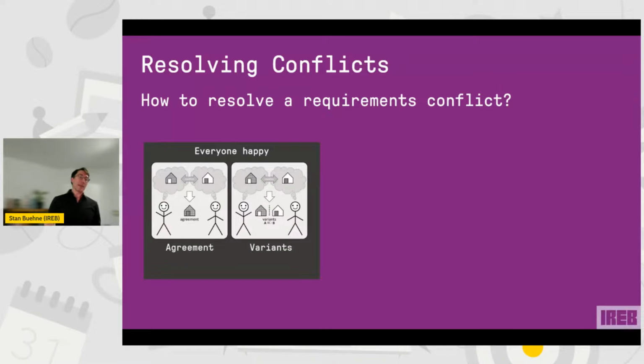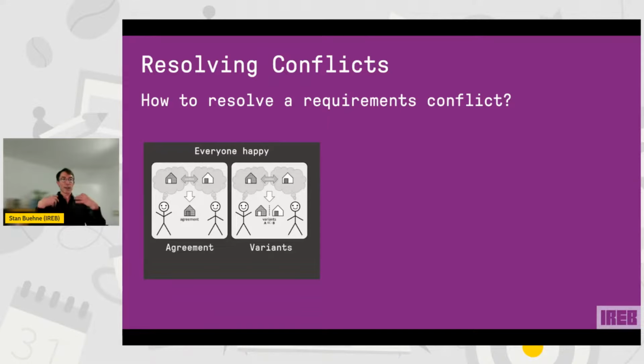Making everyone happy. As mentioned, I think this is the best way to deal with conflicts or to resolve conflicts. One way to do it is creating an agreement. So if we have different people, for instance, one needs private customer data to be captured, the other needs business customer data to be captured, here it's quite easy that based on, for instance, additional attributes or whatever, you can find this kind of agreement.